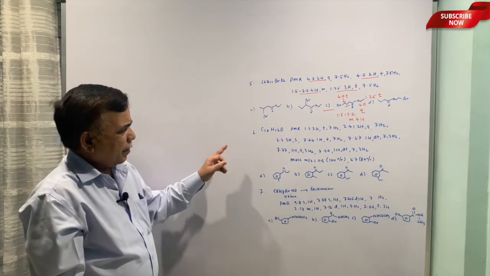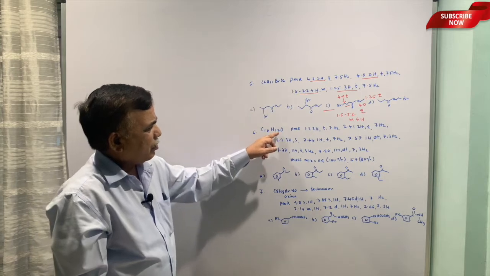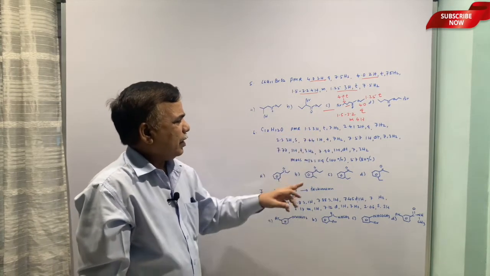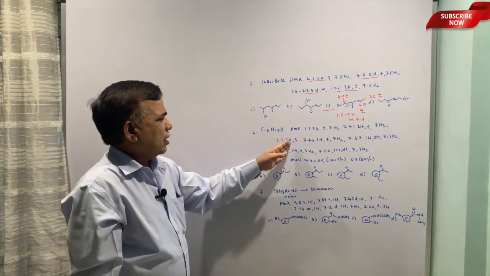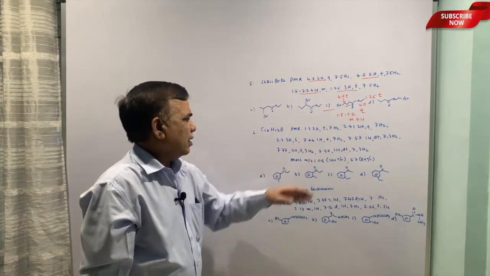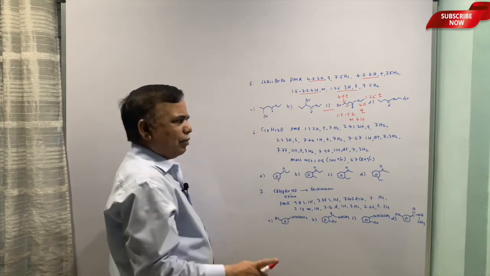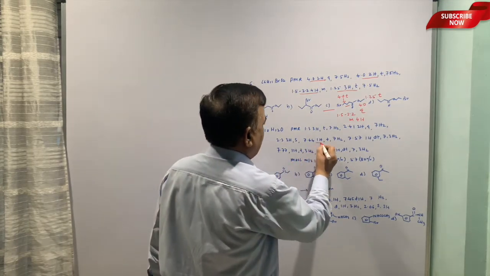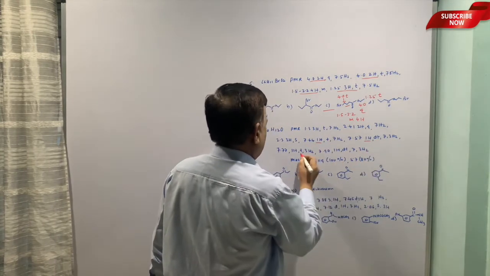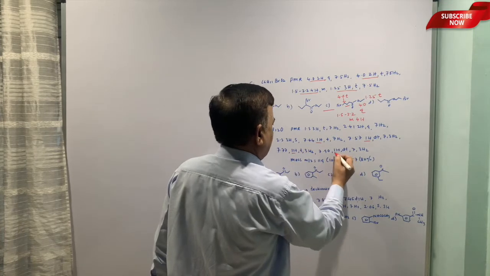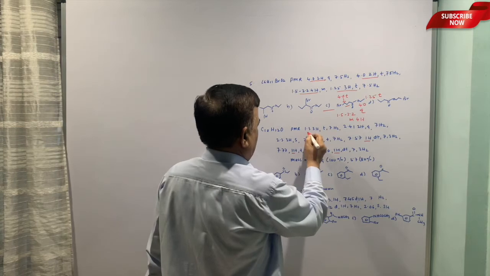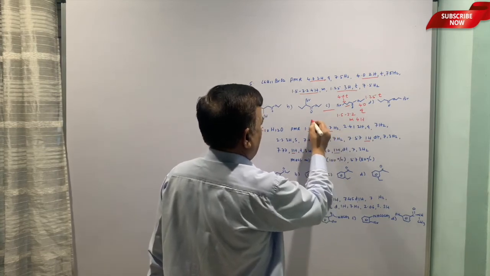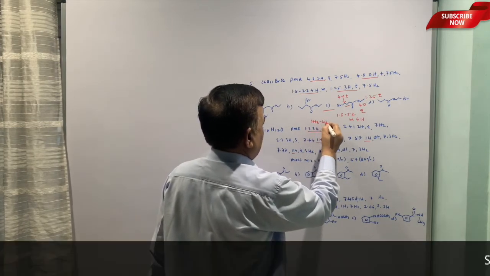Okay. Next one is C10H12O. PMR data is given, 1.3, 3 proton, then 2 protons, 3 protons. Then what is important here, you have to look at the aromatic protons, 1, 2, 3, 4. So it is a di-substituted ring. Triplet 3 proton, that is CH3CH2, that goes without saying.